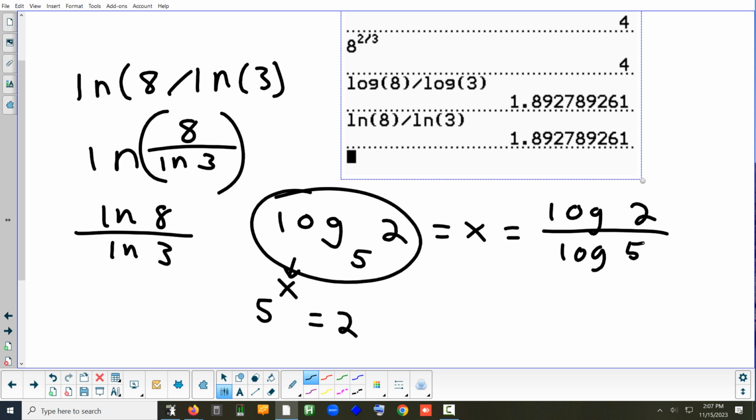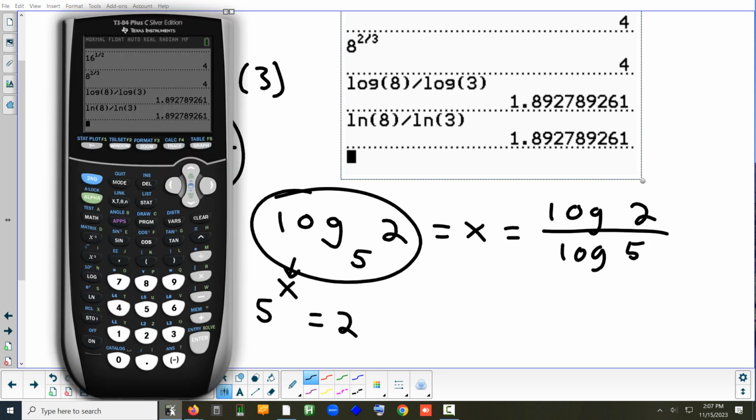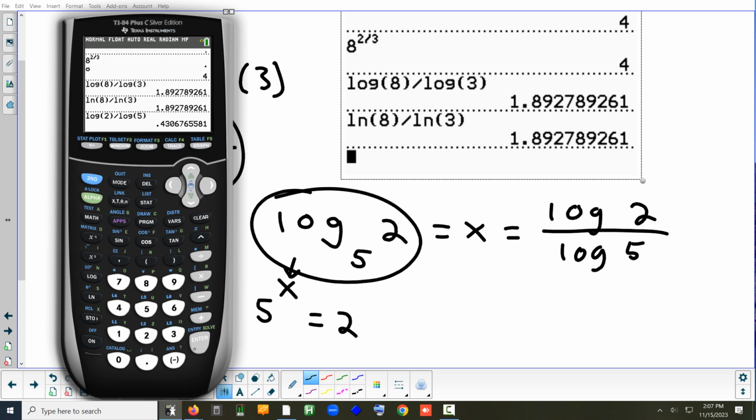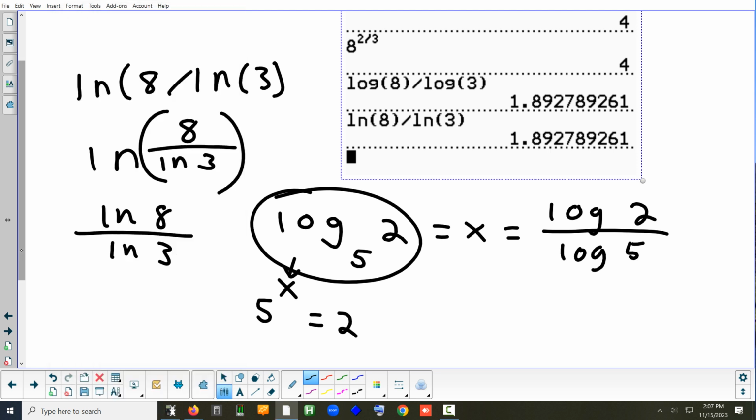Just like that. So let's see what it is. Log 2 divided by log 5. It's about 0.4307. So now try it.